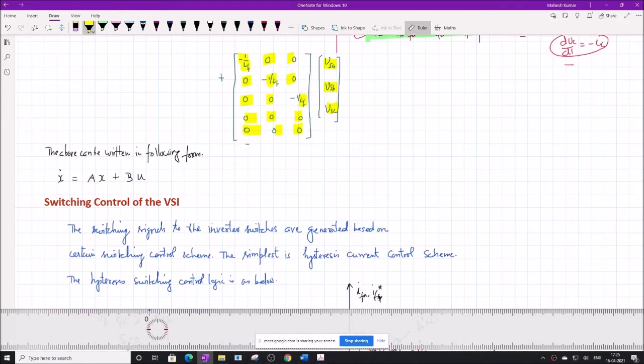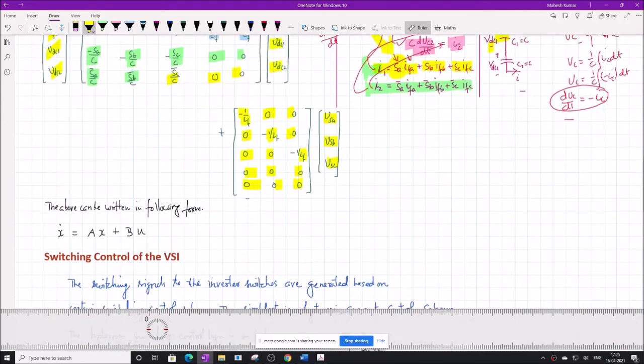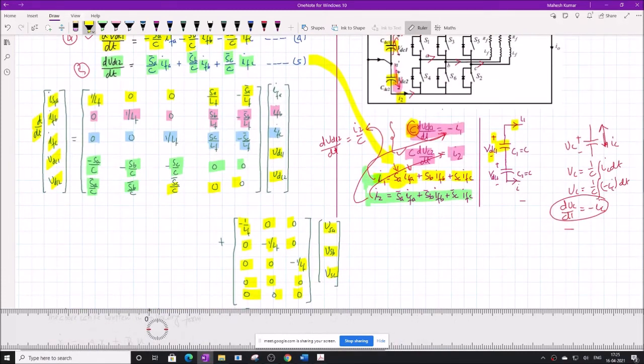What is X here? X is the state vector containing the elements I of A, I of B, I of C, VDC1, VDC2. So this is X. This matrix is the A matrix.